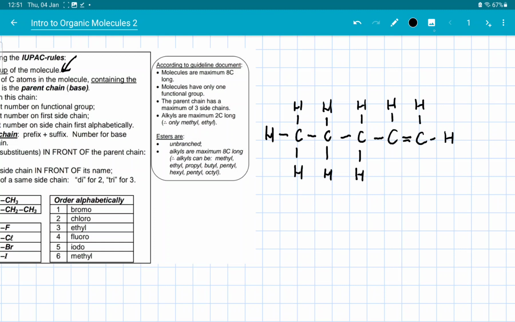In other words, there must be 4 bonds around the carbon. Here 1, 2, 3, 4, and here also 1, 2, 3, 4. You can't make bonds be more than 4 around any carbon, because when we draw structures they have to have a stable octet structure.